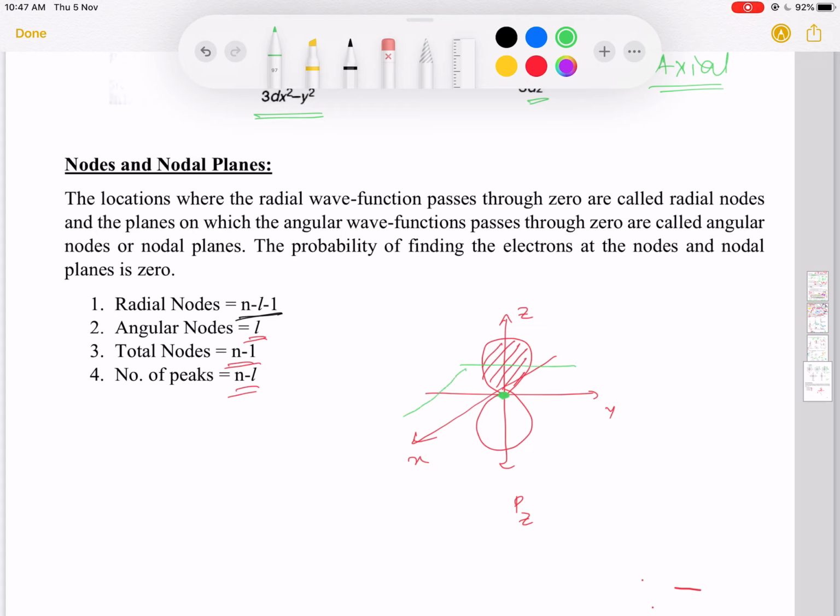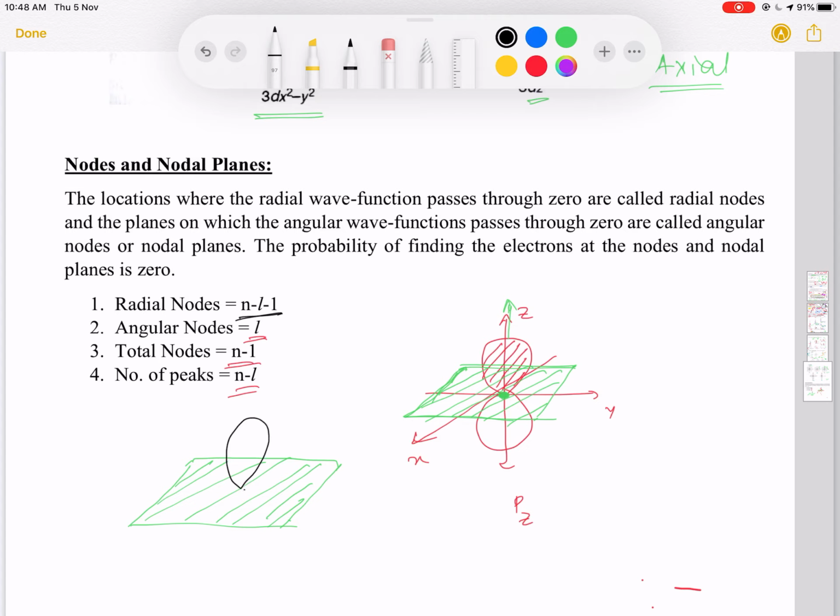Now if we draw a plane through this node, imagine the z axis is vertical, in the plane of this paper, and we have a plane present vertically like this, and the orbital like this.